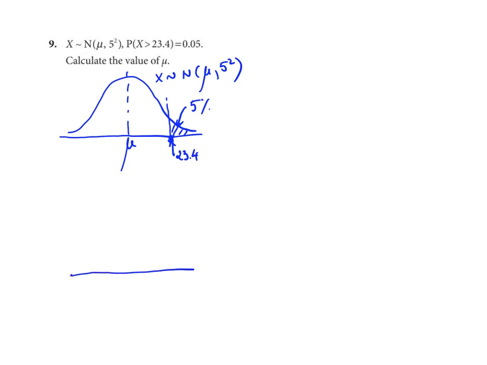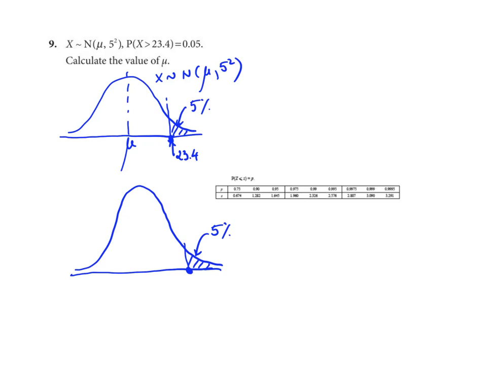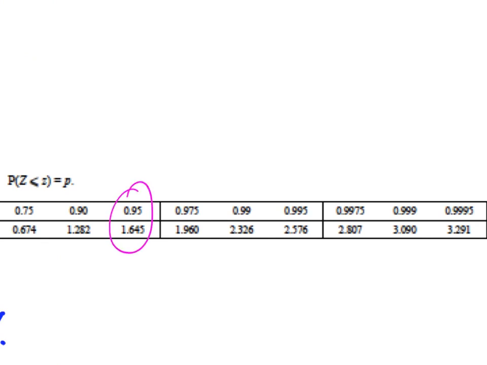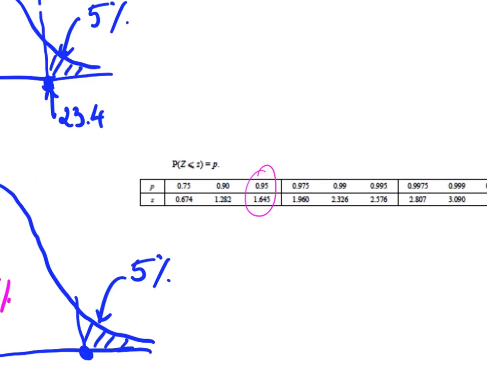I'll still use the standard normal distribution with the 5% here, and I'll find the z-score from the same table. So for an area of 95% on the other side, to the left, my table tells me that 95% is 1.645.